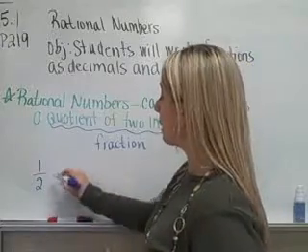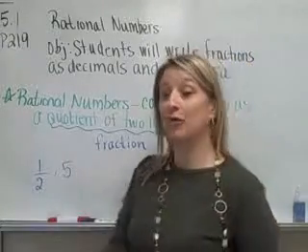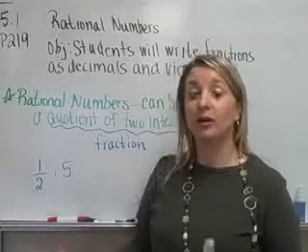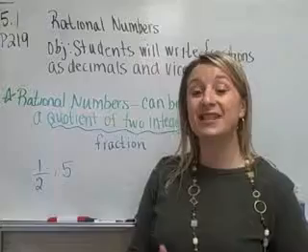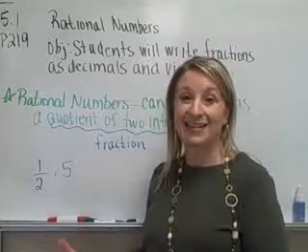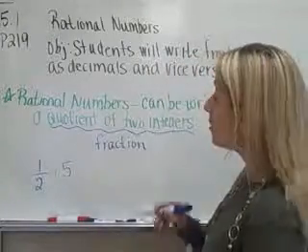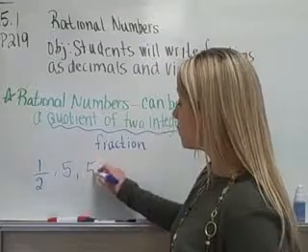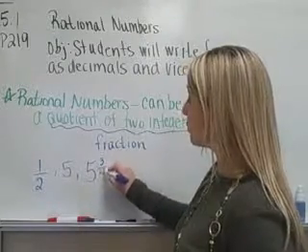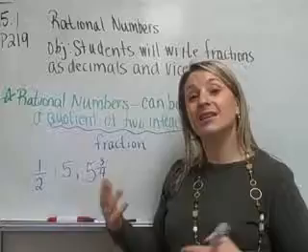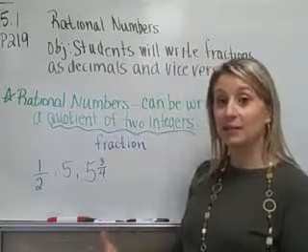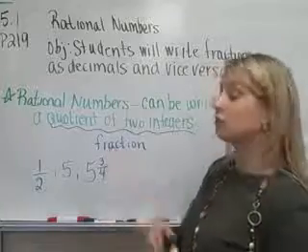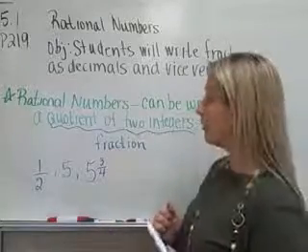Okay? The number 5, or any other whole number. Whole numbers can always be written over 1, which means that it could be written as a fraction. Okay? There are also mixed numbers, like 5 3/4, that is a fraction with a whole number, but we could write it as an improper fraction, so that would also fit in the category of rational.